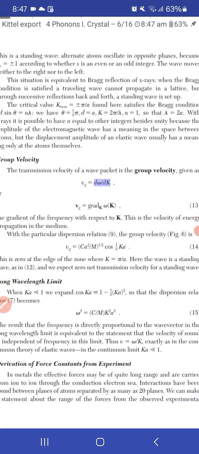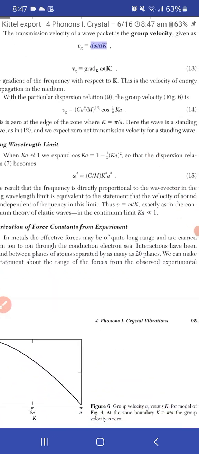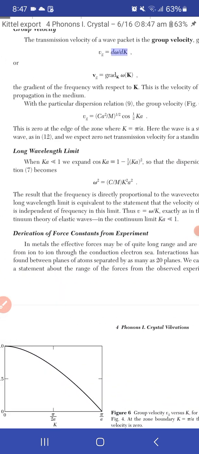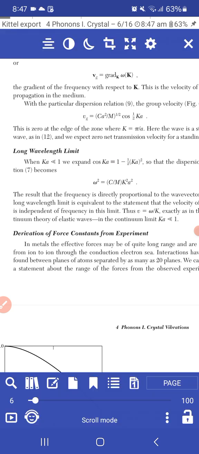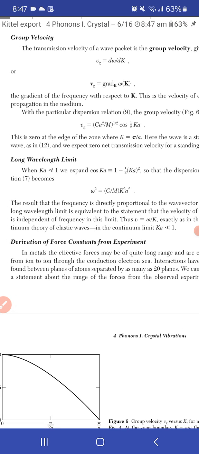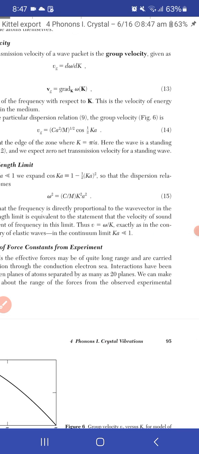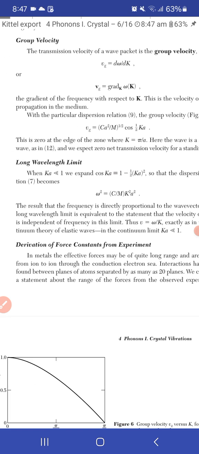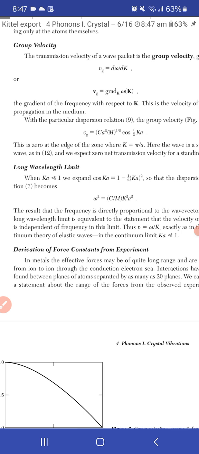The result that frequency is directly proportional to the wave vector in the long wavelength limit is equivalent to the statement that the velocity of sound is independent of frequency in this limit. Thus v = ω/k is exactly the continuum theory of elastic waves, the continuum limit, Ka much less than 1.